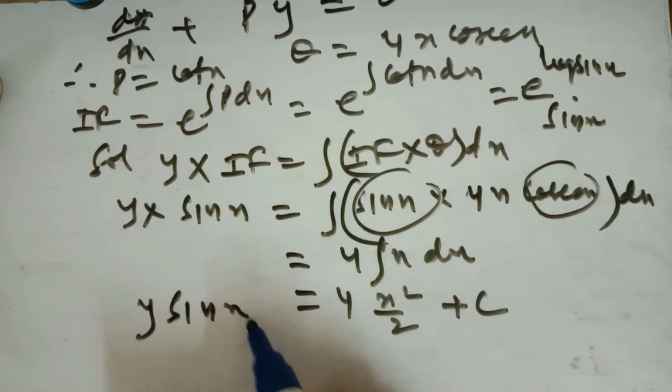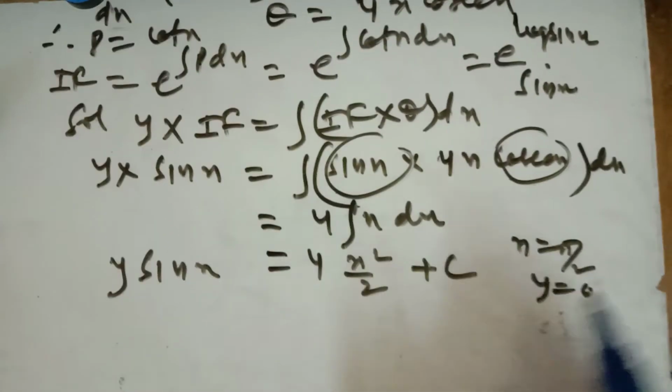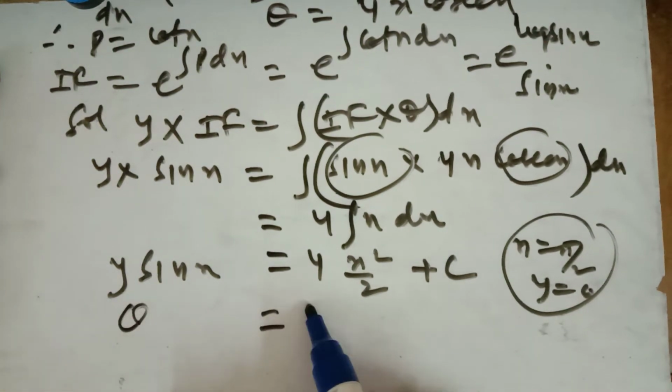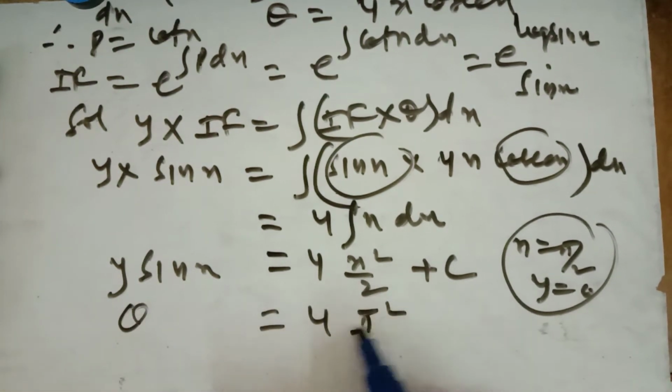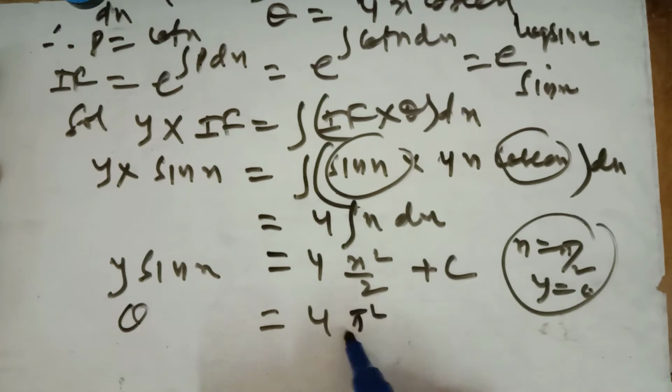Now it is given that the value of x is pi by 2 and the value of y is 0. It is given in the question, that is x is equal to pi by 2 and y is equal to 0. So it is 0 equals 4 pi square upon 4 into 2 plus c. The value of x square will be pi square upon 4.